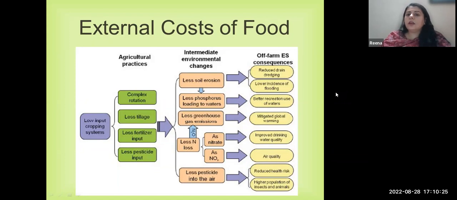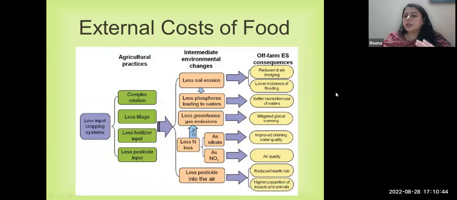So there are intermediate environmental changes. There will be less soil erosion, less phosphorus loading to waters, fewer greenhouse emissions, and less pesticide, and there will be off-farm consequences for air quality and improved drinking water quality.